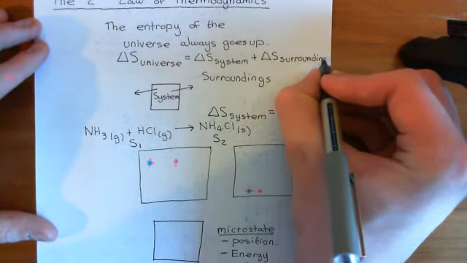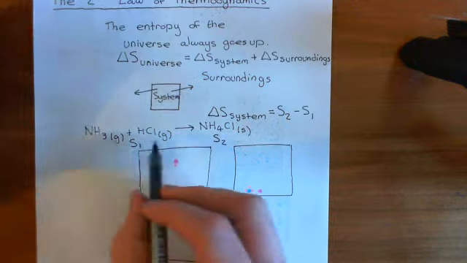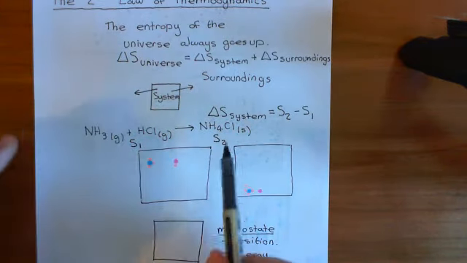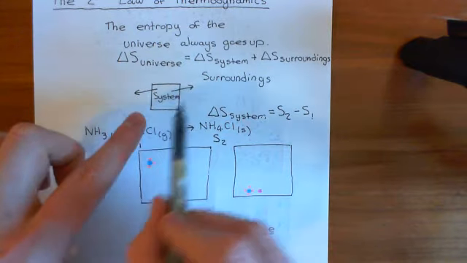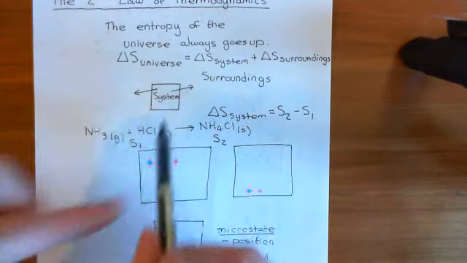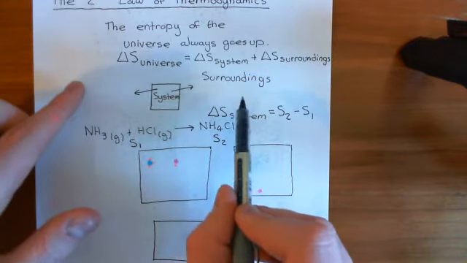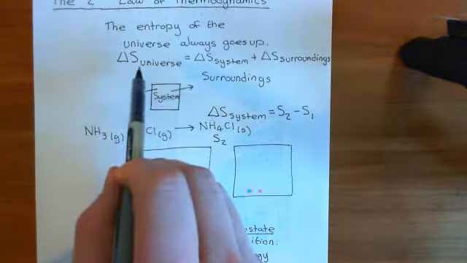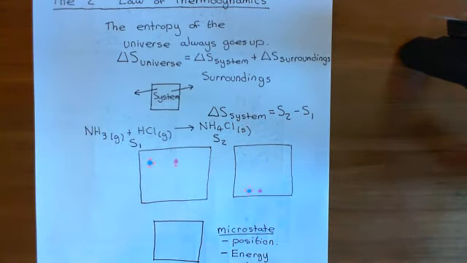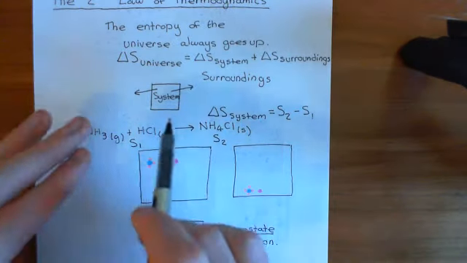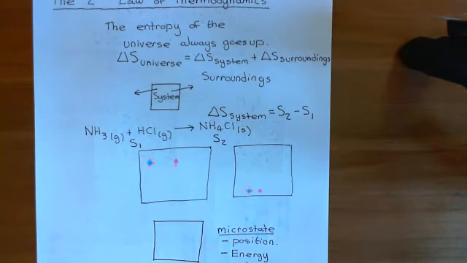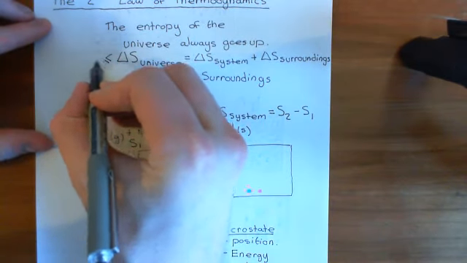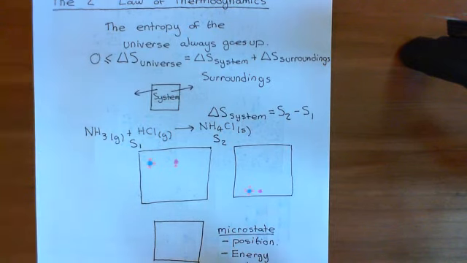And basically, the reason that this reaction can occur, the reason that ammonia can react with hydrogen chloride to produce ammonium chloride, is that even though the entropy of the system is actually going to go down, so this number is going to be negative, because it gives out so much heat which will go into the surroundings, you're actually going to increase the entropy of the surroundings great enough that the change in entropy of the whole universe, because this process occurred, is actually still going to be positive. So the second law of thermodynamics basically says that this number is always greater than or equal to 0.